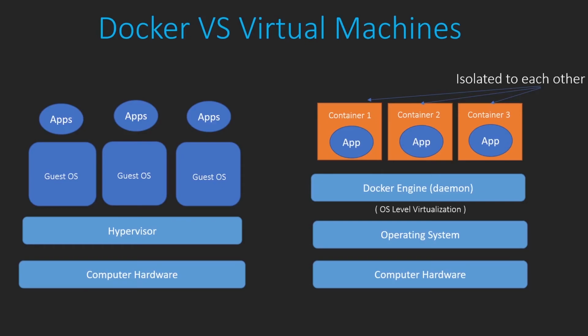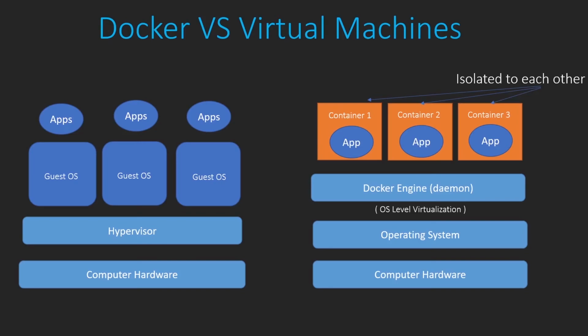It's very simple, but just for running the application, we transfer the entire operating system. It might take some time to transfer this guest OS to a different hypervisor and start running on it. It might take some minutes.